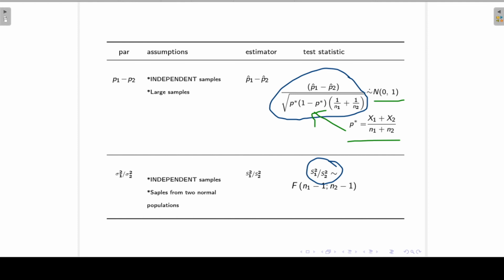And the first degree of freedom for this F distribution is sample size 1 minus 1. And the second degree of freedom is sample size 2 minus 1. So that just means that if we want to find the critical values for the rejection region, we will make use of the F distribution. Or if we use the p-value method, we will calculate the p-value from the F distribution.